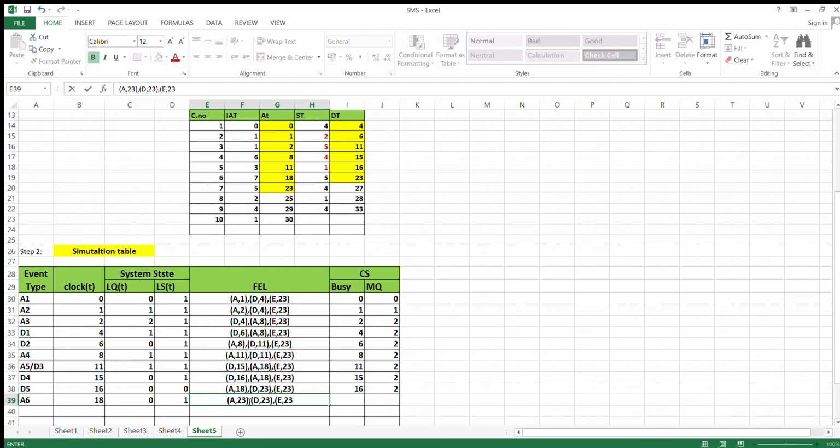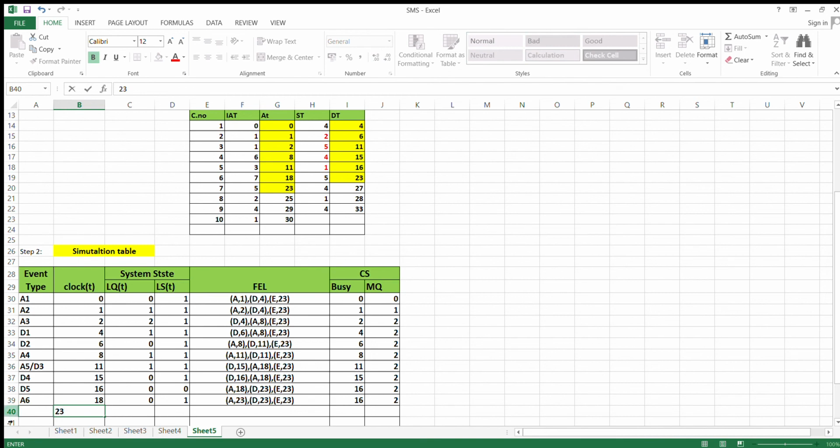E, 23. Calculate visit time. A6 is a new customer to the system. Up to A1 to A5 customers came to the system and went out. Now A6 is a new customer to the system means keep busy value as it is. So maximum Q is 2. So next minimum value is 23.